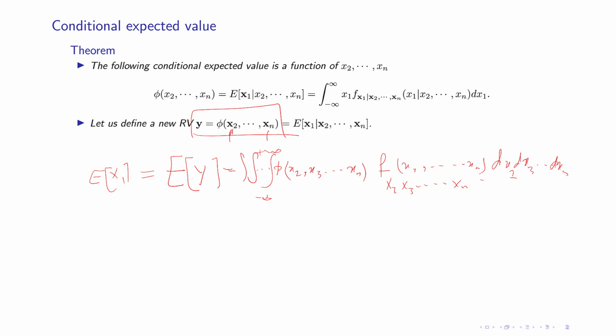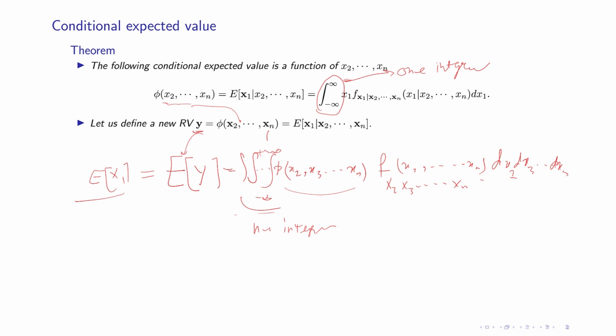In other words, if you calculate the mean of x1, first conditional on x2 to xn, and then, so this y itself is conditional on x2, and then if you substitute these guys by random variables and take another additional integral, so remember that this is one integral, and here you have n minus 1 integrals. So in total I have n integrals.